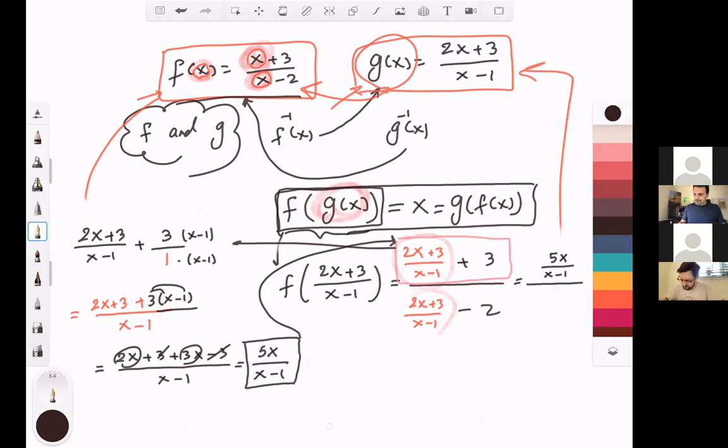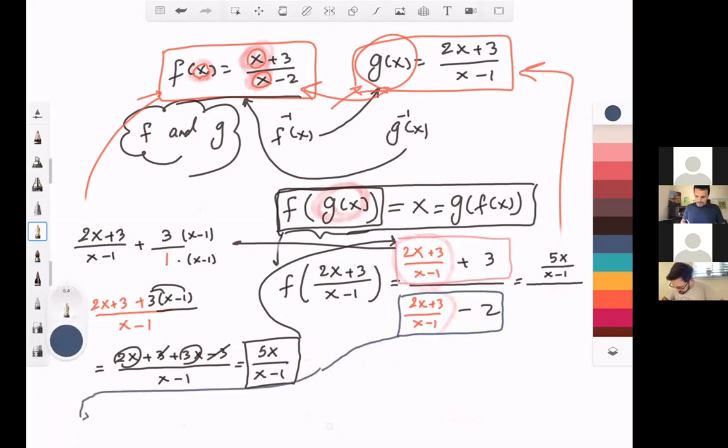Now let's do the same thing for this. I'm going to write it here. 2x plus 3 divided by x minus 1, minus 2 equals, finding the common denominator, 2x plus 3 minus 2 times x minus 1, divided by x minus 1.